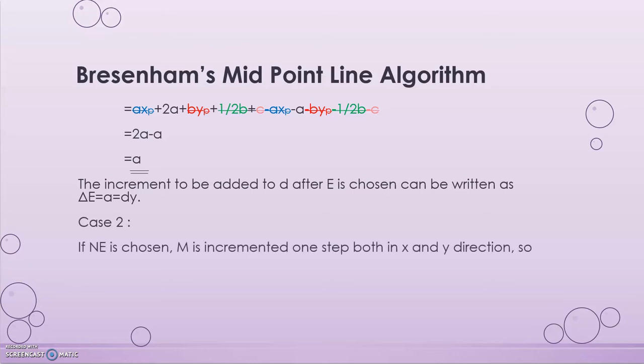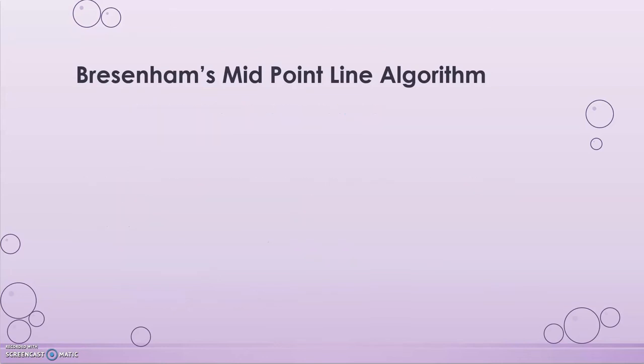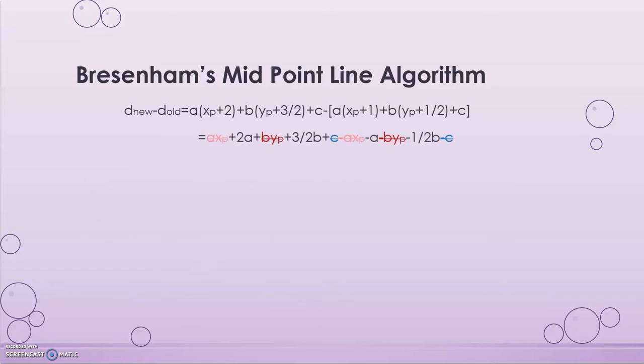Then case 2, if the northeast pixel is chosen, M is incremented one step both in x and y direction. So the equation becomes f(xp + 2, yp + 3/2), since 1/2 plus 1 is 3/2. Then we define d new for that: a(xp + 2) + b(yp + 3/2) + c. Now d new minus d old: the unlike terms are struck out, and remaining is 2a plus 3/2 b minus a minus half b.